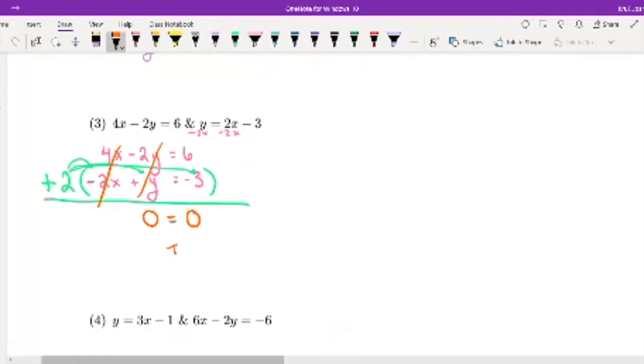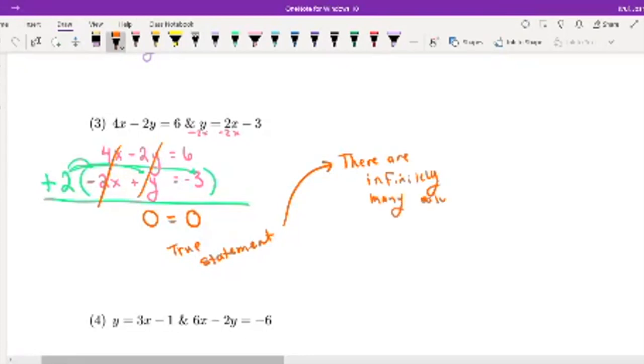So this is a true statement. And a true statement implies that there are infinitely many solutions.